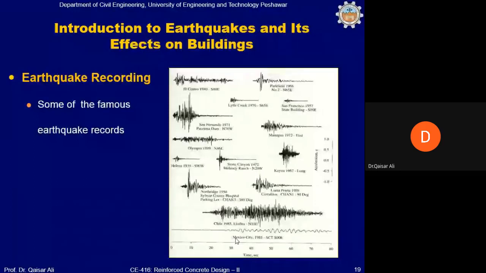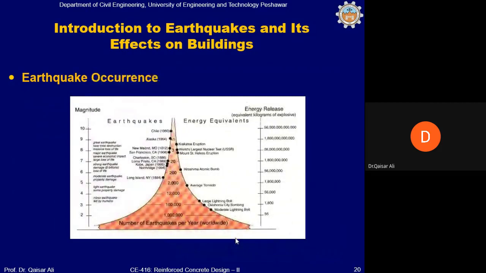Some of them collapsed due to the frequency match or resonance phenomenon between the earthquake waves and the building frequency. So this is a classical example, but this is only one example around the world which can be demonstrated to show resonance occurring in a far field region between the high-rise building and the earthquake waves. Okay, these are the earthquake occurrences around the world.